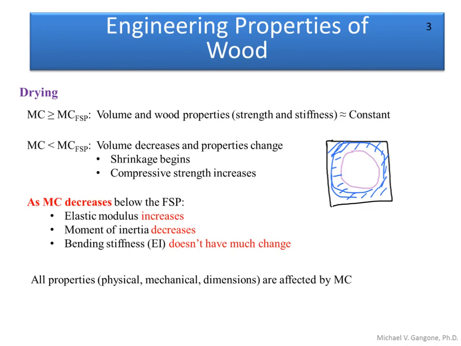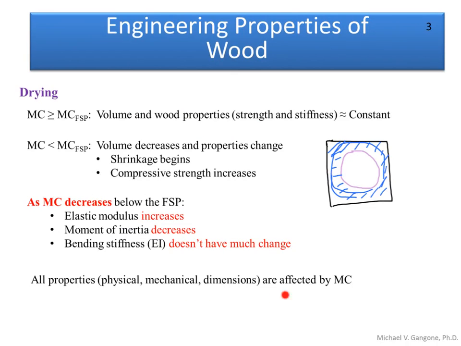As a result, for bending stiffness, which is E times I, if E increases and I decreases, they offset each other a little bit, and you don't see a big change in the overall bending stiffness of the wood. If you look at axial stiffness, you would have E times A, and again that would be very similar. The area decreases and the elastic modulus increases, so the axial rigidity also wouldn't change all that much. But that's related to the stiffness of the wood.